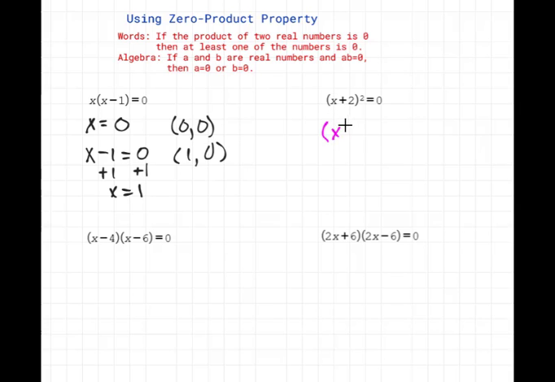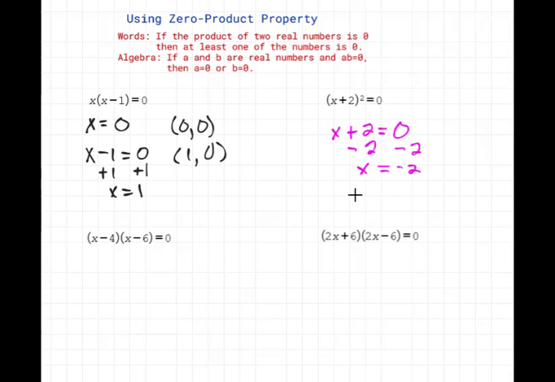So we have x plus 2. I do not need the parentheses at the beginning. X plus 2 is equal to 0. We'll subtract 2 from both sides. So x is equal to negative 2.